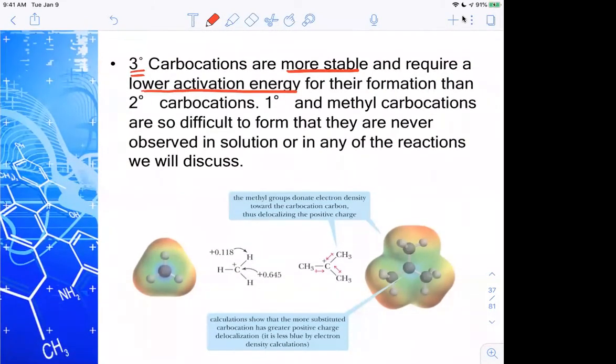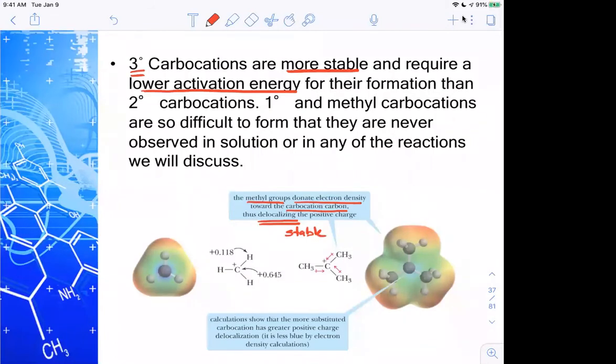So let's look at these. When I have these methyl groups, those methyl groups actually donate electron density towards that positively charged carbocation carbon, and that delocalizes that positive charge. That delocalization results in a stable ion. Hydrogen can't do that.